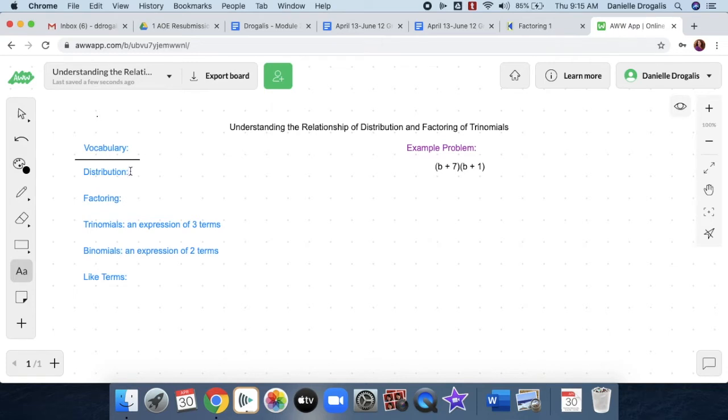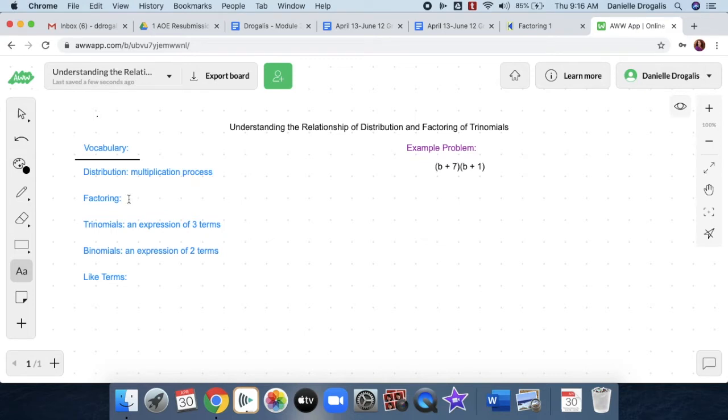And when we're talking about distribution, we're talking about creating these multiplicative pairs. So we're going to go through that process in just a moment with this example problem. Distribution is all about multiplication. It's a multiplication process where we are just trying to take pairs of terms, so b times b as one pair, and multiply those together, and do b times 1 and multiply those together.